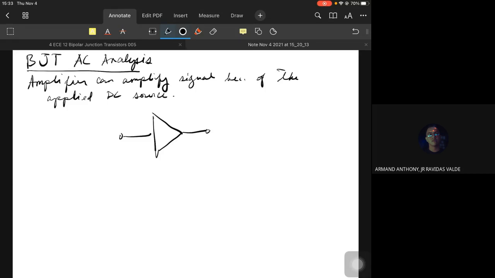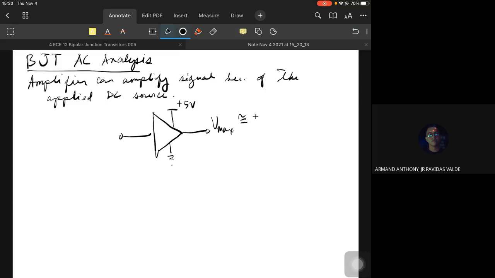And that is right in front of us: the applied DC source. If our amplifier has a VCC of 5 volts, then the maximum output of our amplifier is approximately equal to 5 volts. I say approximately because the amplifier takes a few volts.